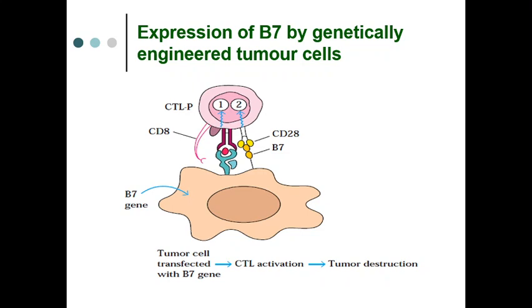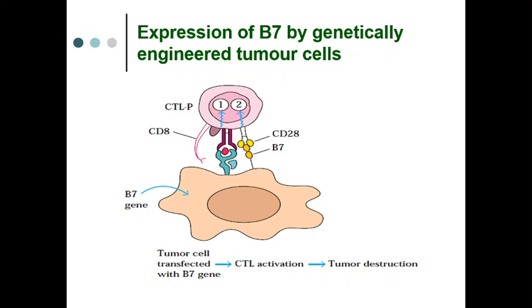The activated CD8 T cells will start secreting copious amounts of IL-2 and proliferate in large numbers specific to the antigen that is presented on class 1 MHC. As a result, there will be an enhanced CD8 T cell response against the tumor which is expressing a particular type of antigen, as well as the tumors that are now expressing B7.